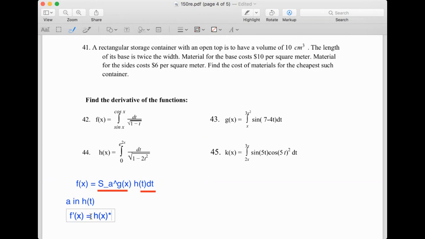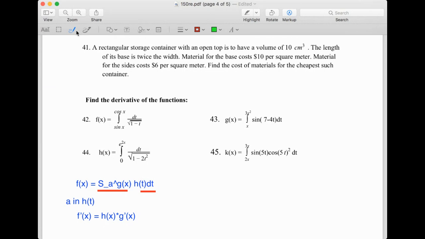Then we multiply by g prime of x. Let's make sense of this. If f is the integration from a up to g of x, a function of x, then the integrand is in terms of t dt, and the lower number is in the domain of h. Then the derivative of f.